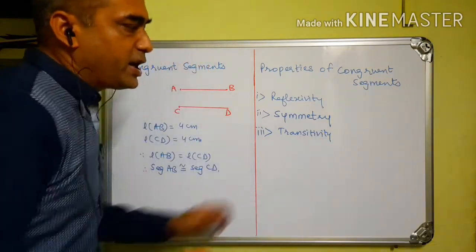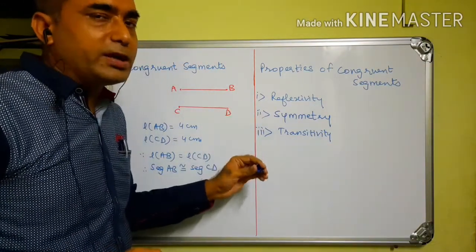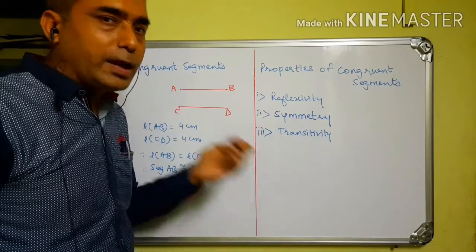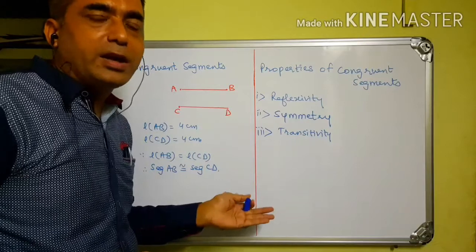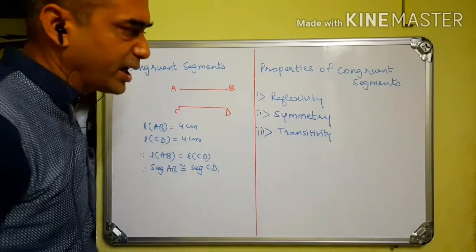And the third property is transitivity. If one segment is congruent to a second segment and the second segment is congruent to a third segment, then the first segment is also congruent to the third segment.